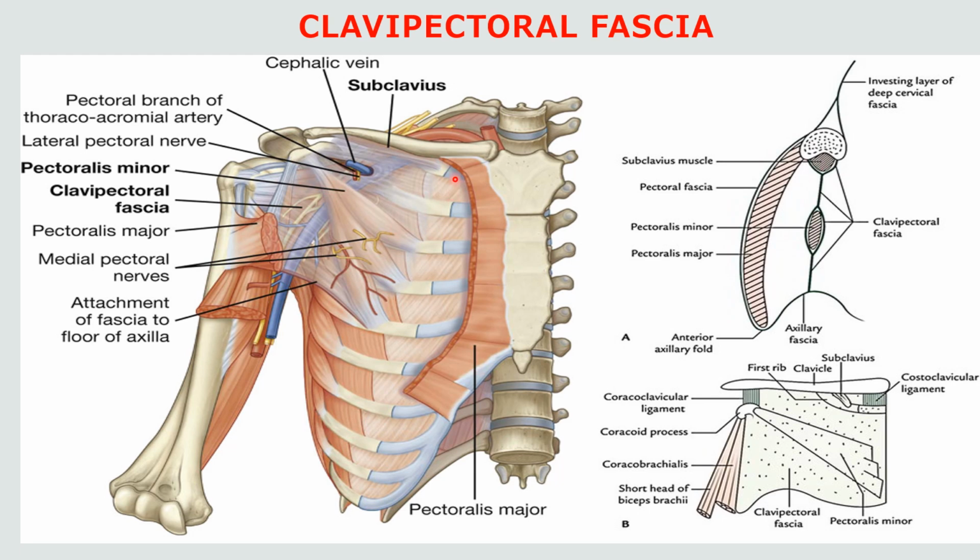You should remember the medial attachment, laterally to the coracoid process, superiorly it encloses the subclavius muscle, inferiorly it encloses the pectoralis minor, then reunites, and eventually merges with the axillary fascia and maintains the hollow of the armpit. And the structures piercing the clavipectoral fascia: the cephalic vein, the lateral pectoral nerve, lymphatics from the breast, and the thoracoacromial artery.